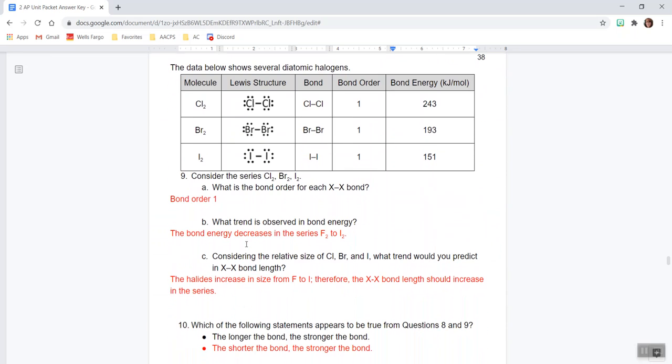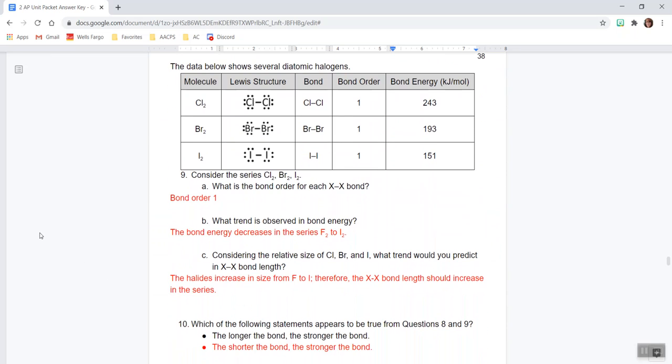Here are several diatomic halogens. We've got chlorine, bromine, and iodine. These are all bond order 1, and we see that as we go from chlorine to bromine to iodine, the bond energy decreases. This is again because these atoms are getting larger, which means that they're a bigger distance apart.